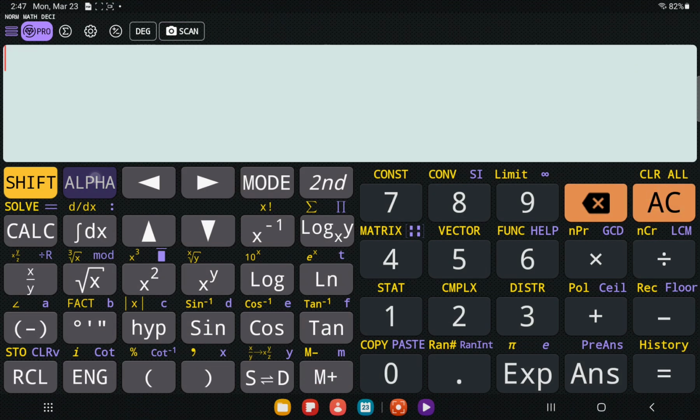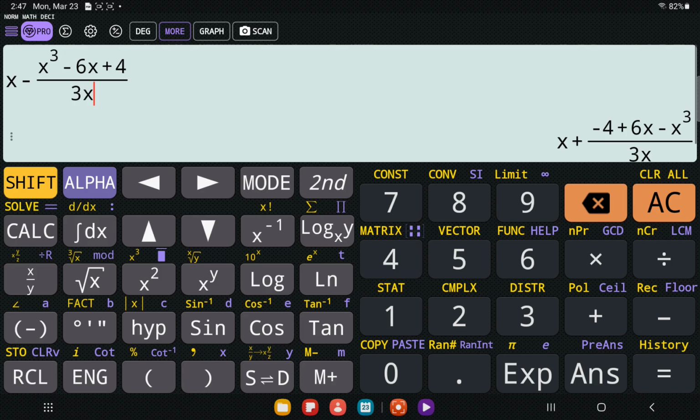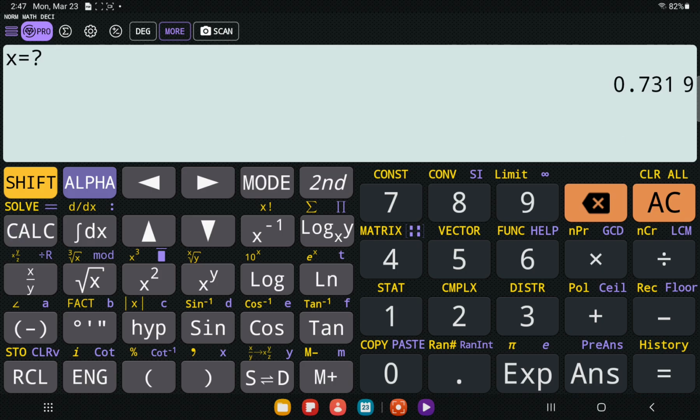So in Newton-Raphson's case, you write x minus the equation itself, x to the power of 3 minus 6x plus 4, and then divided by the differential, that's 3x squared minus 6. See that?